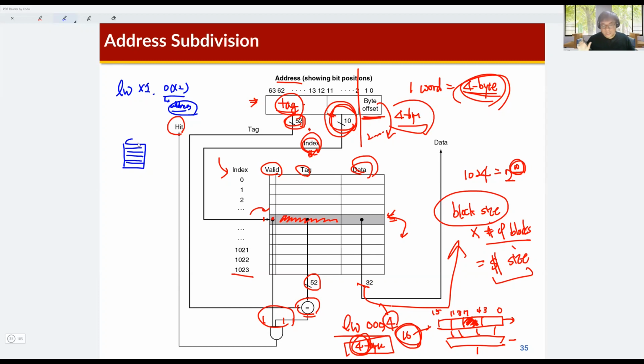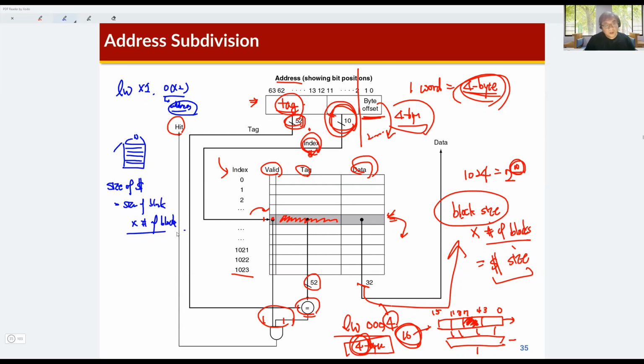So the entire cache size is determined by the size of a single cache line, like the width of the cache, and the number of entries in the cache, that means the number of blocks. So the size of cache is the size of a single block multiplied by the number of blocks.